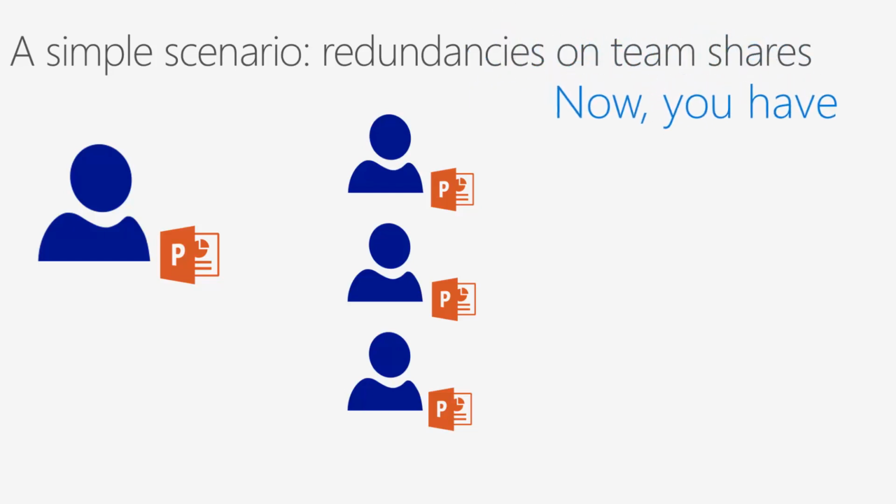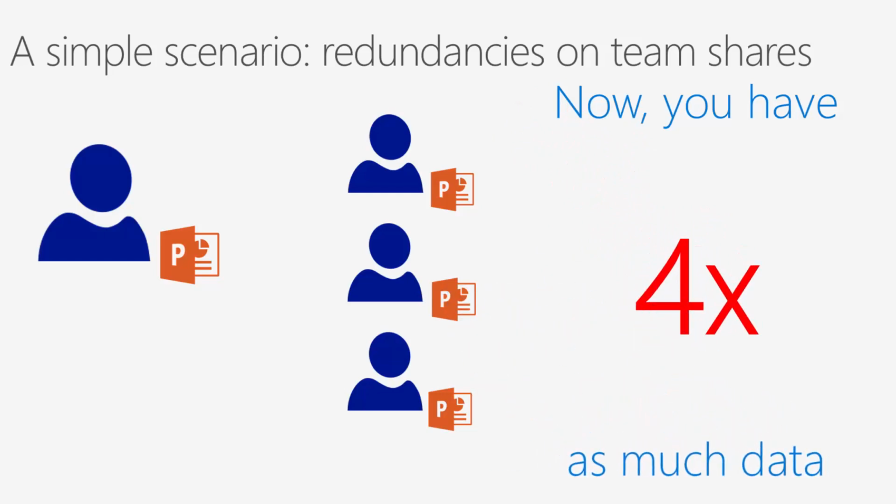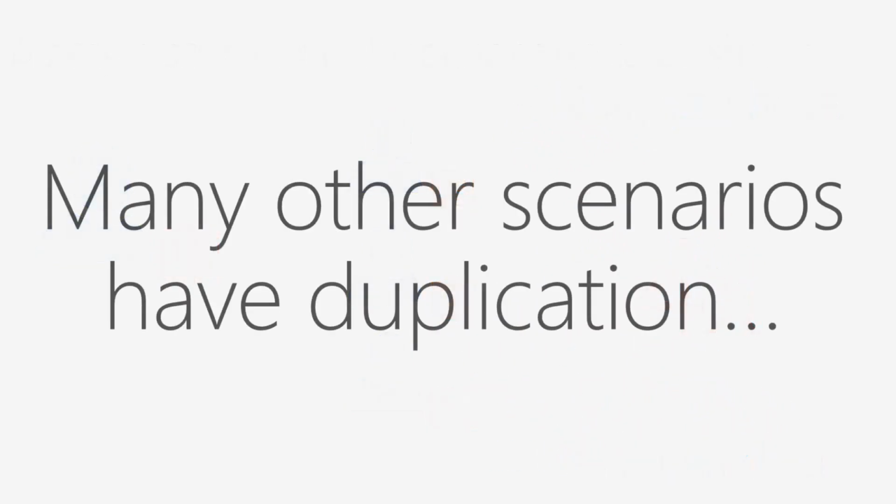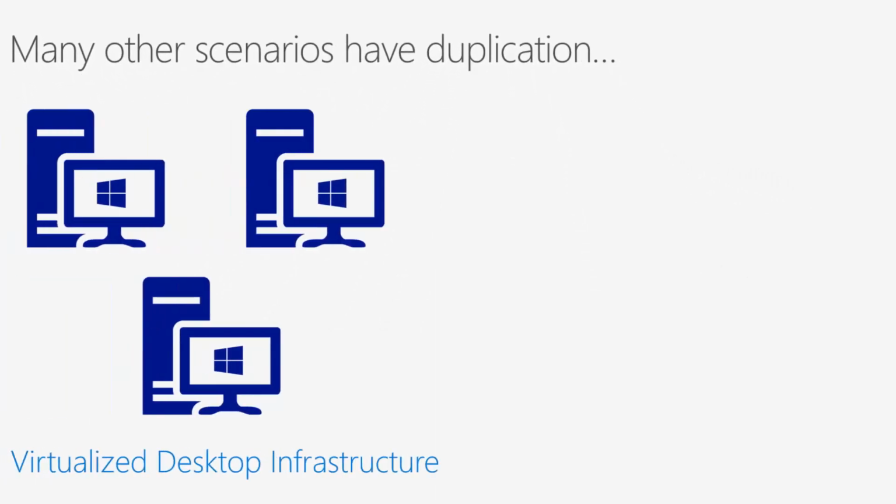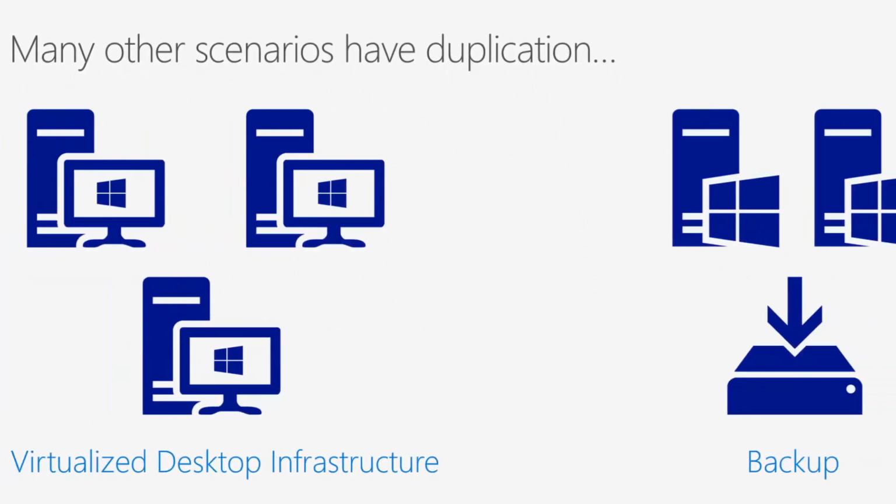Now you have 4 times the data and are paying 4 times as much for the same copy of ones and zeros. And many other scenarios within your organization have a lot of duplicated data. For example, VDI deployments and backups.